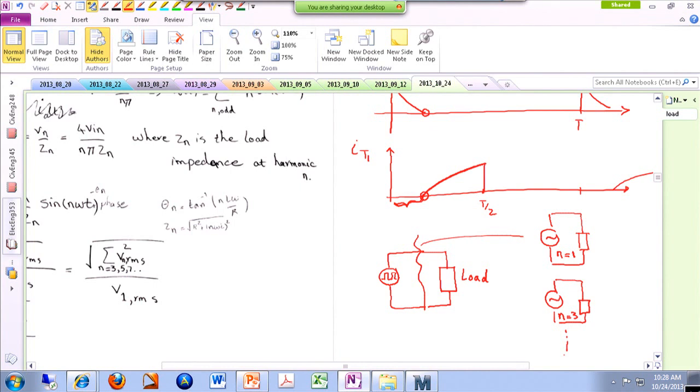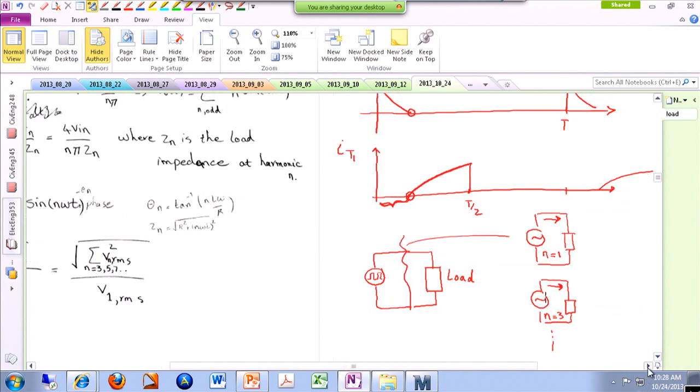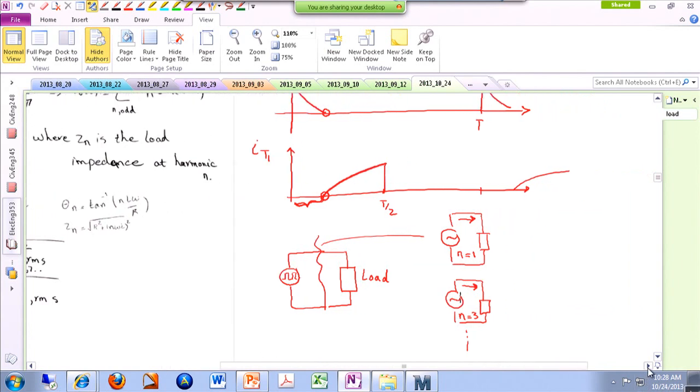And then look at the response of each individual subcircuit, for instance, the current over here, and then in the end, add up all of these responses together. So I can call it I1, call it I3, then I out is I1 plus I3 plus I5 plus In.